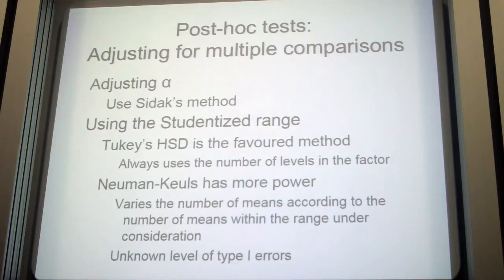If it really matters, so if you're dealing with something where what really matters is detecting effects, and it's not the end of the world if you say there's an effect, but there isn't, you make a type 1 error, well, go with Neuman Keuls. It's more likely to let you see differences that are there. You're less likely to miss something. But of course, in some instances, the reverse is true.